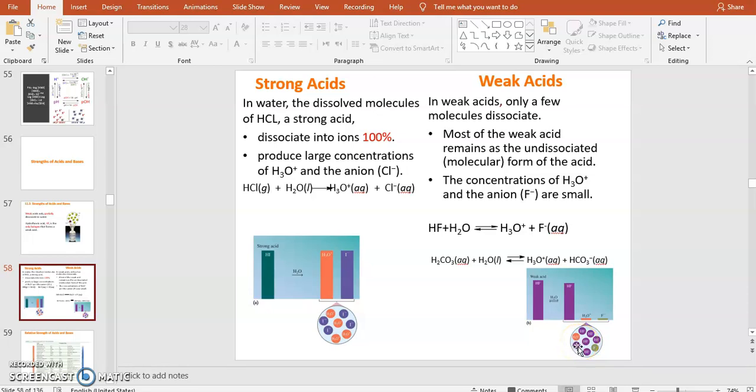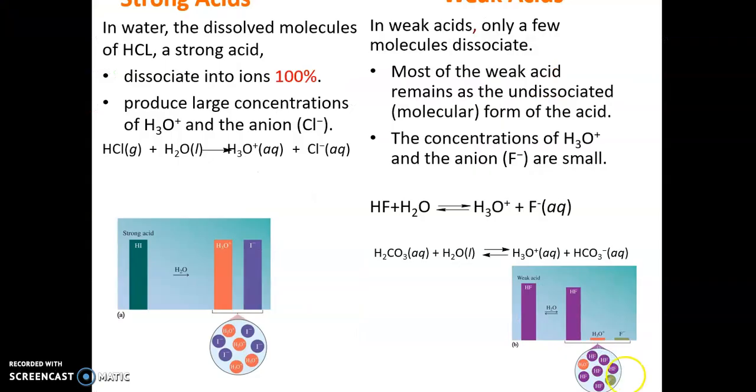You can see the HF, which is purple, and then the F, which is green, and you can see the hydronium, which is H3O. So there are some molecules that didn't dissociate and are still in the solution. This is what we mean by weak acid. It doesn't dissociate completely.